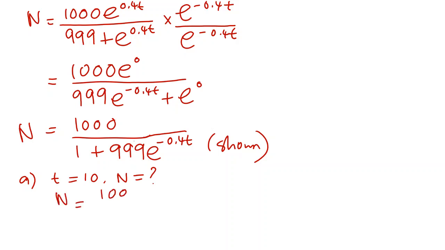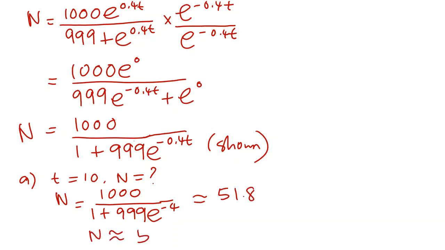So this is 1000 over 1 plus 999 e to the power of negative 0.4 multiplied by 10, which gives negative 4. Then you substitute the values, press the calculator, and you will have 51.8, so n is approximately 52 people.